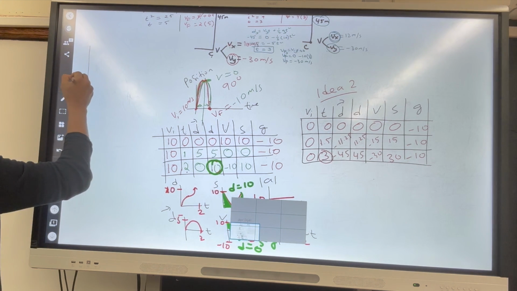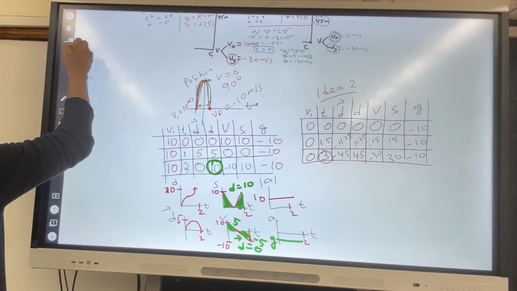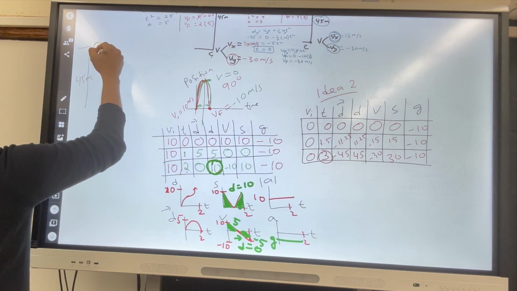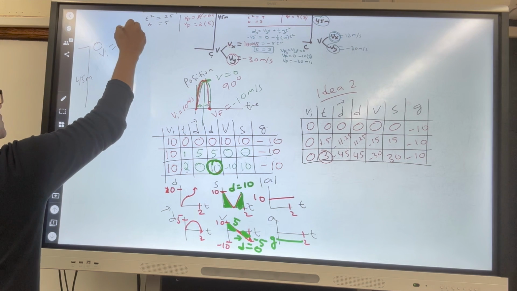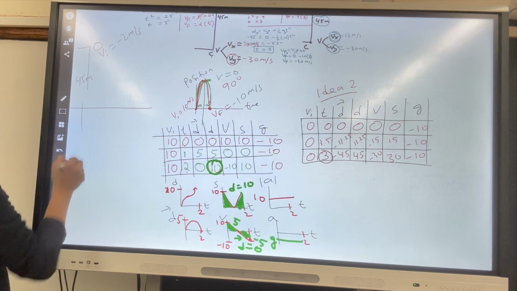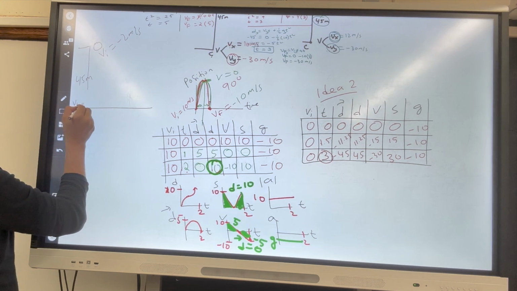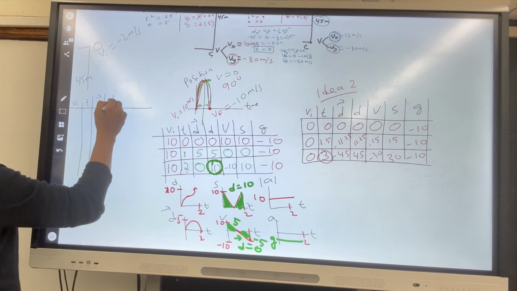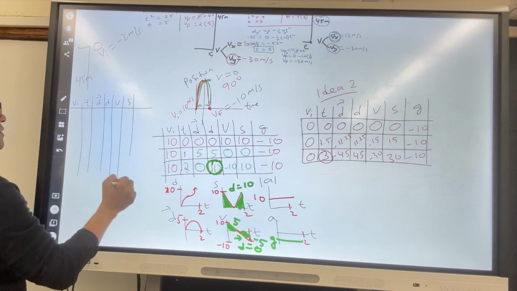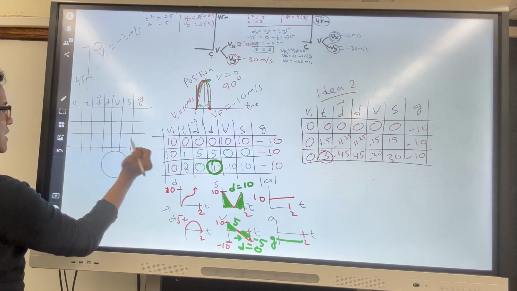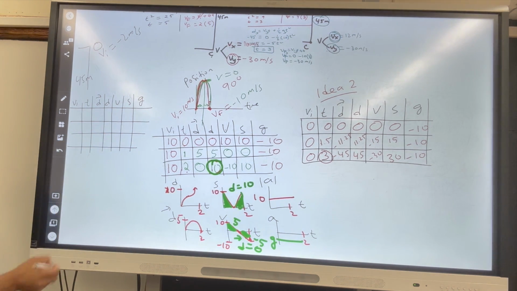Okay, now the last one, we are throwing an object down from a 45-meter tall building. If you throw down something, oh, we already know -2 meters per second. We want to know many things. We want to know initial velocity, the time, displacement, distance, velocity, speed, and acceleration due to gravity for these many locations.